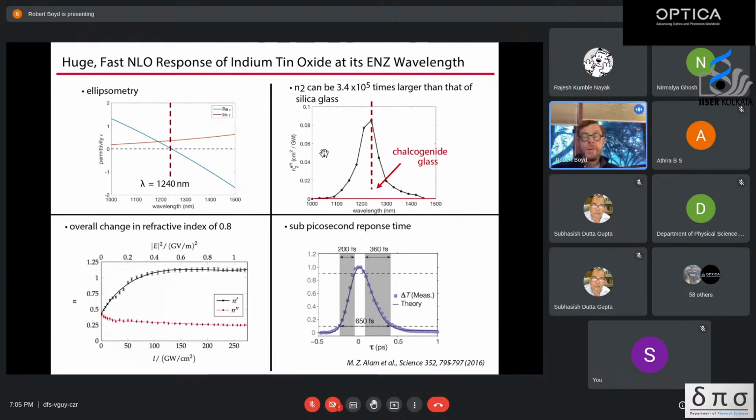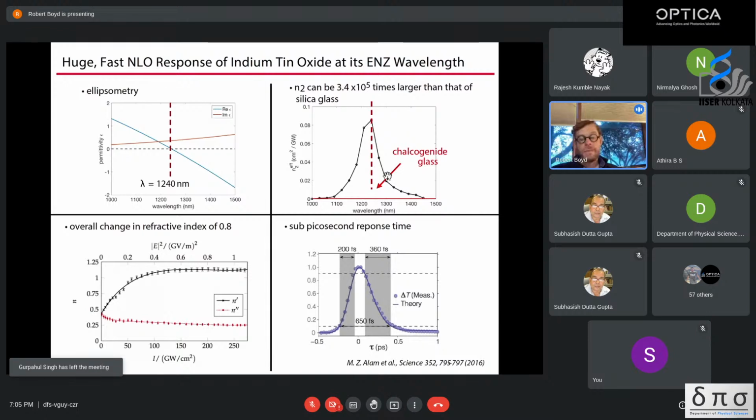We then did standard Z-scan measurements. We see that there is a pronounced resonance in the N2, and the resonance is centered right at the epsilon near zero wavelength.